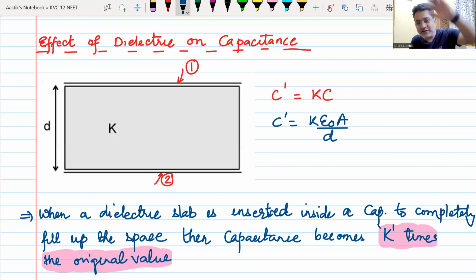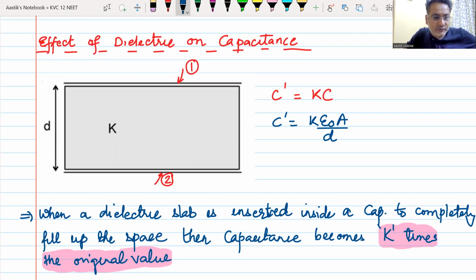If you insert the dielectric, completely filling up the space, the capacitance becomes K times. I'll give you 2 minutes now to note it down. So what we are discussing is what happens when you fill the space between the plates of a capacitor completely with a dielectric, the capacitance becomes K times.